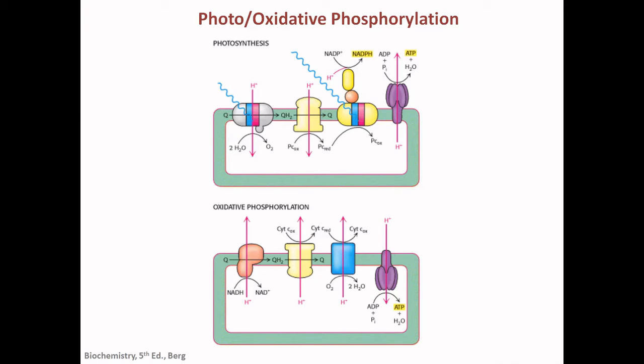During this process, the energy released is used in pumping the proton across the concentration gradient to create the proton motive force, that finally moves through the ATPase to generate the ATP.